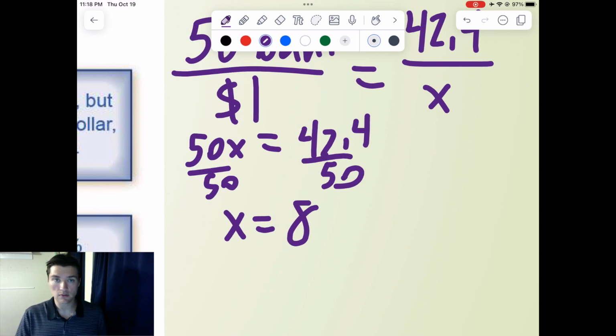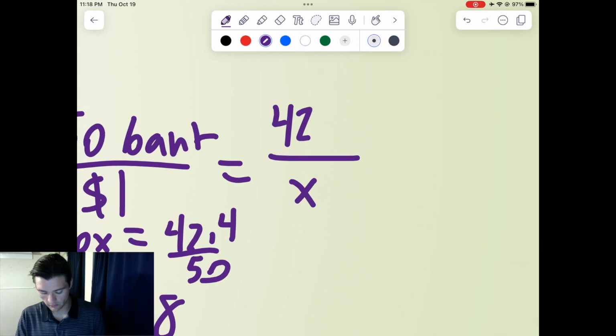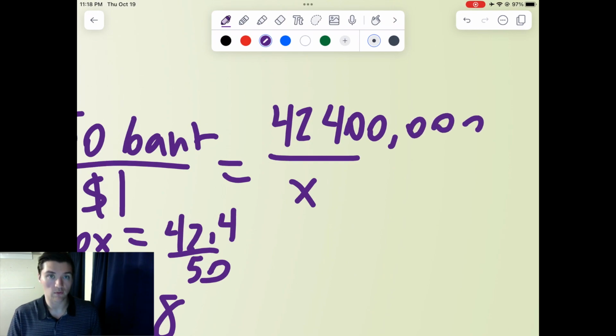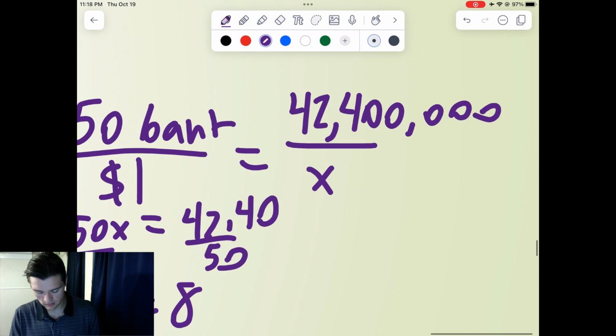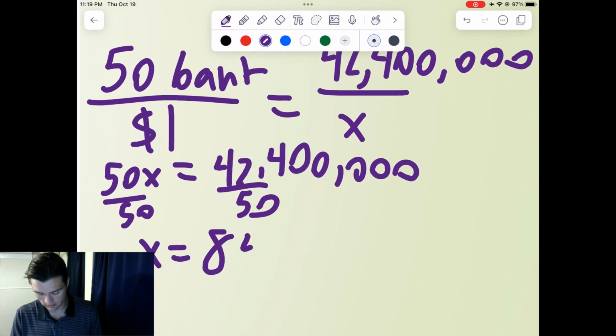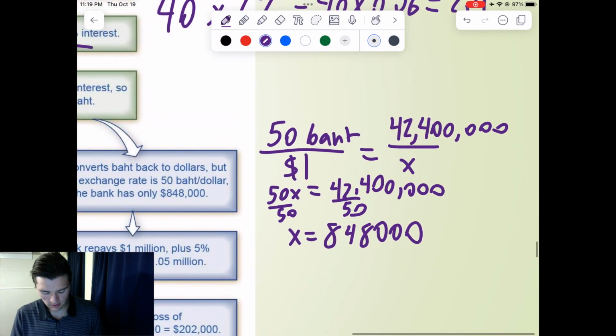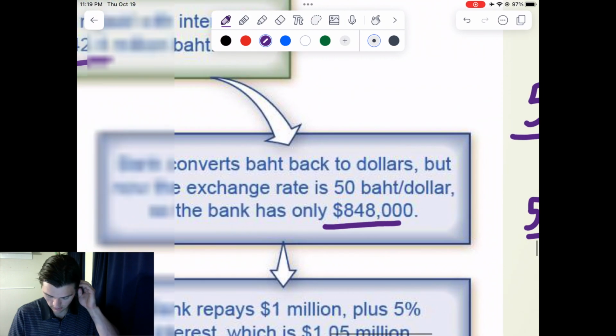If that's confusing to you, which it's actually confusing me right now, let's do 42.4 million, so 400,000, and then we'll do it over here. And so when we do the math, we should have 848,000. Okay? So that's what the bank gets, right?